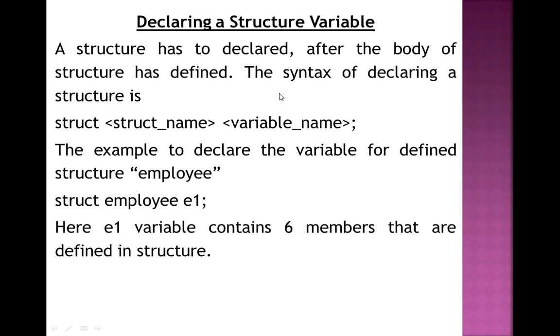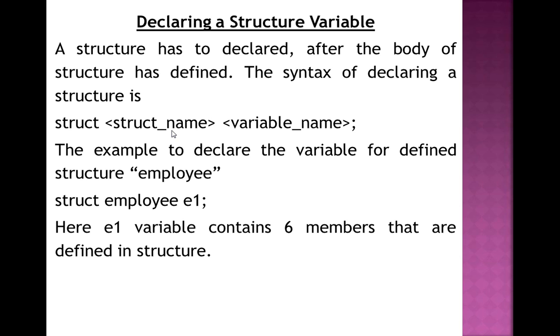The syntax for declaring the structure variable: first of all use the struct keyword, then the structure name, for example employee, and there is a gap and then the variable name. Suppose I am declaring the variables of employee as E1, so struct employee E1, comma E2, comma E3.